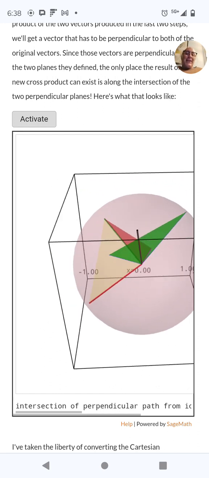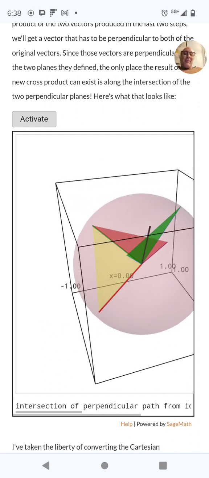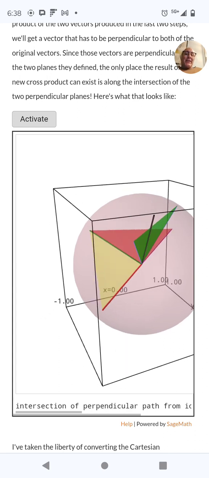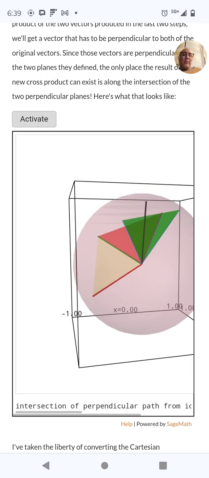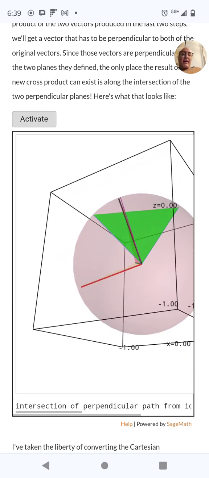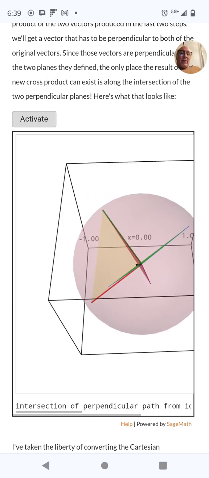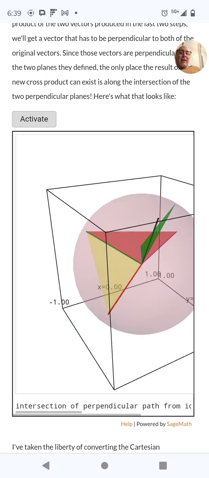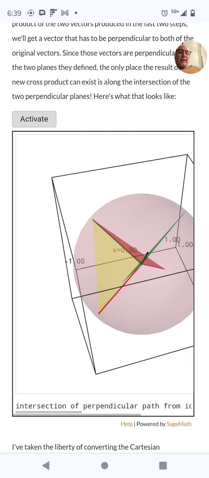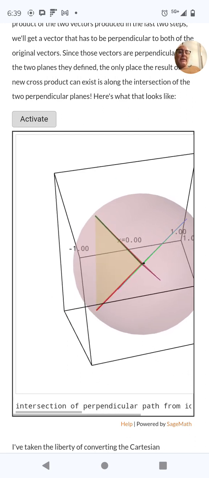What we need to know is, check that out. The ionosonde path is in the pink plane. QSO path is defined by the green plane. They're at right angles to each other, and that black vector goes right along the intersection of the two planes.